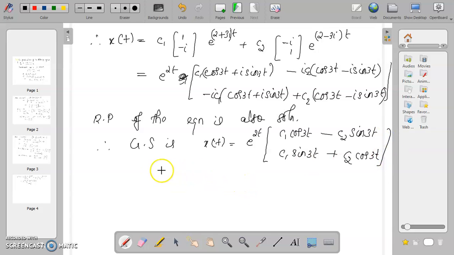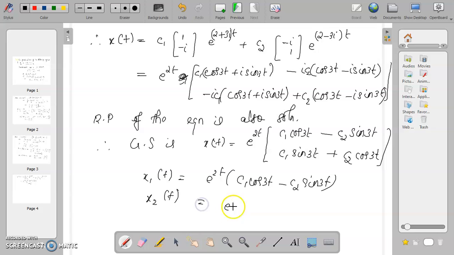So you have x1 of t equal to e raised to 2t (c1 cos 3t minus c2 sin 3t), then x2 of t equal to e raised to 2t (c1 sin 3t plus c2 cos 3t). These are the general solution. So this is the case when the roots are complex.